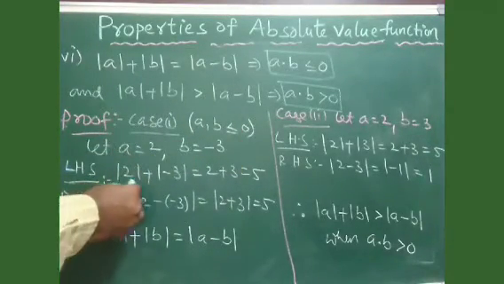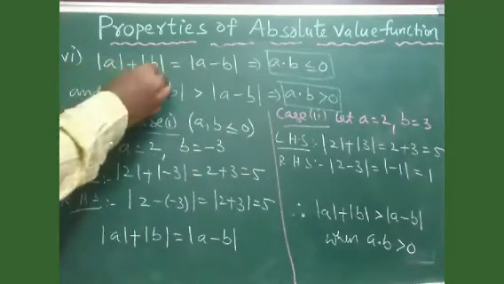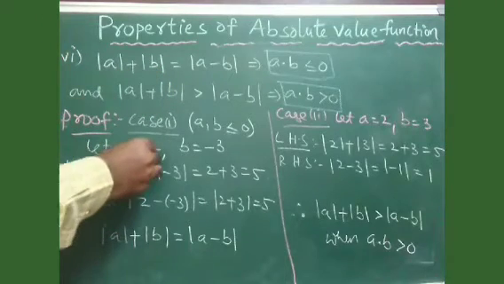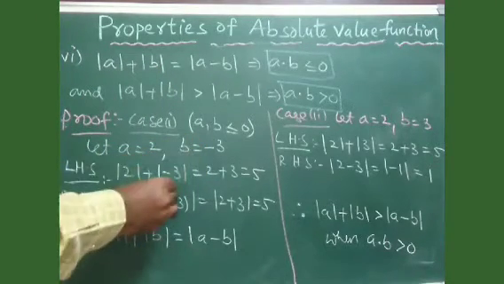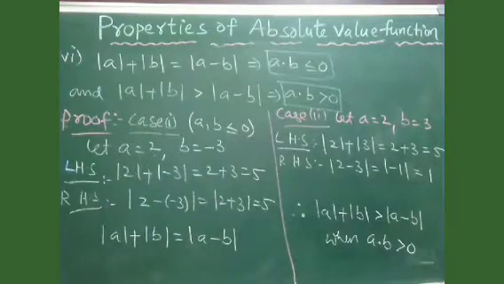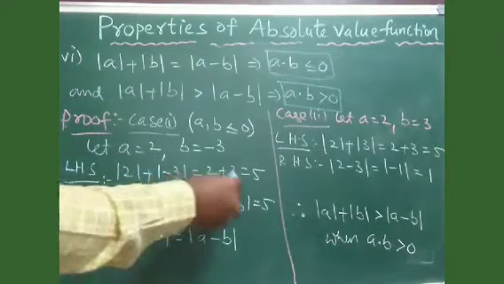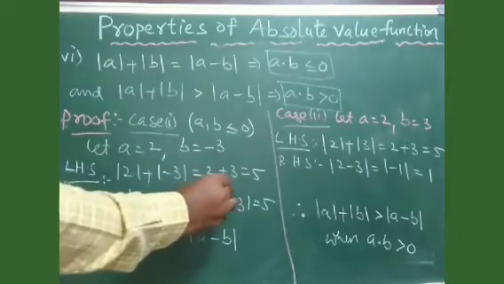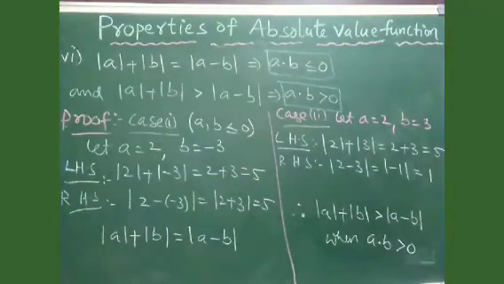Now if you proceed with LHS, that is mod A plus mod B, here modulus of 2 plus modulus of minus 3. Modulus of 2 is nothing but 2 and modulus of minus 3 is plus 3. So finally 2 plus 3 is 5.